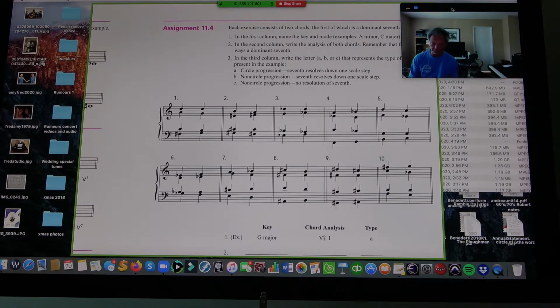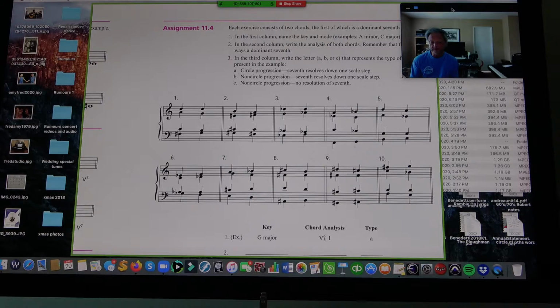And then now, there are a couple of other options. Any chord that goes from a 5-7, or rather any resolution from 5-7 other than 1, 5 to 1, is called a non-circle progression. So you can go 5 to 6, 5 to 2. Any of those would be considered non-circles.